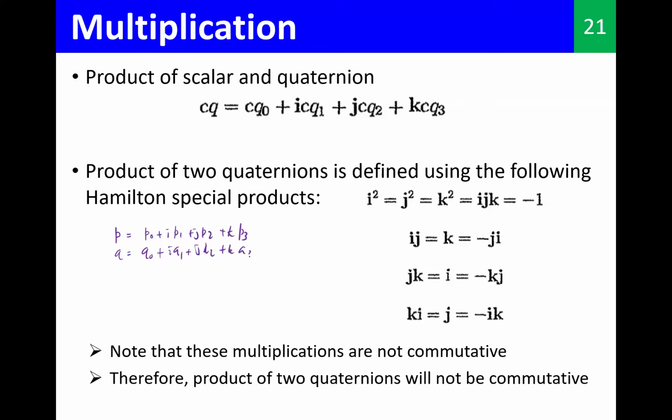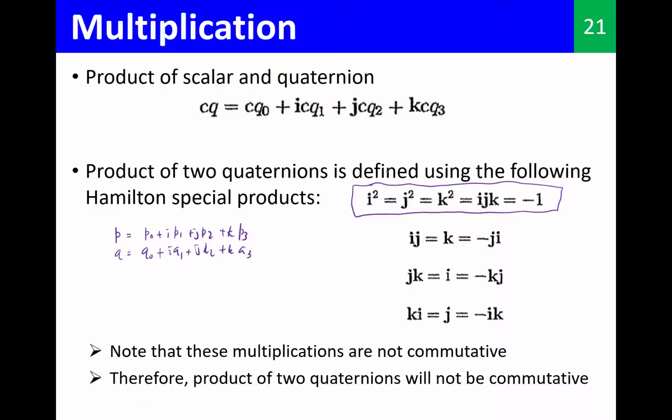When you do the product, you have to multiply i times j, i times k, k times i, likewise. Those products are needed, and that's why we need these Hamilton special products.